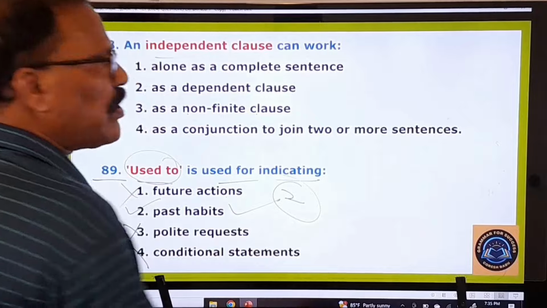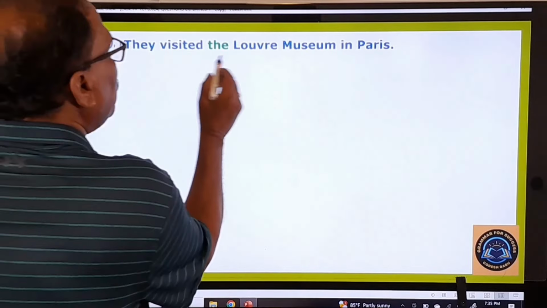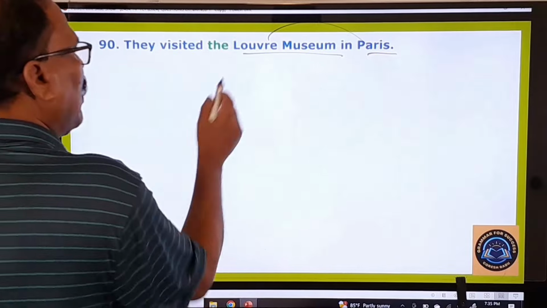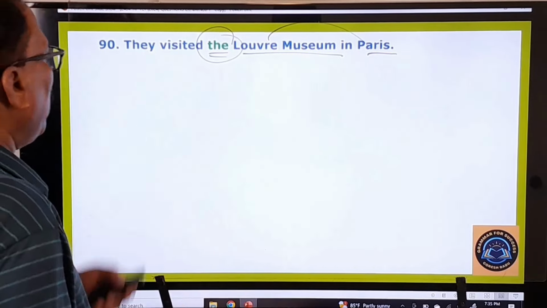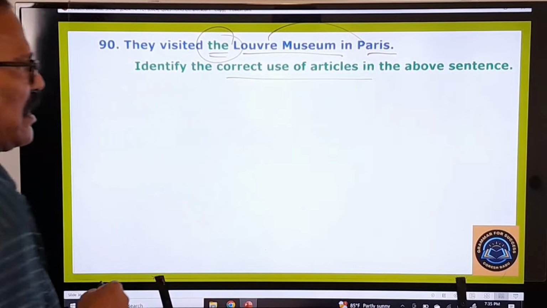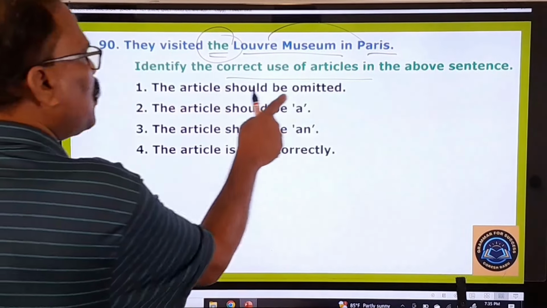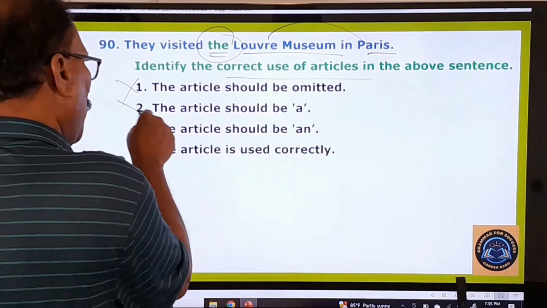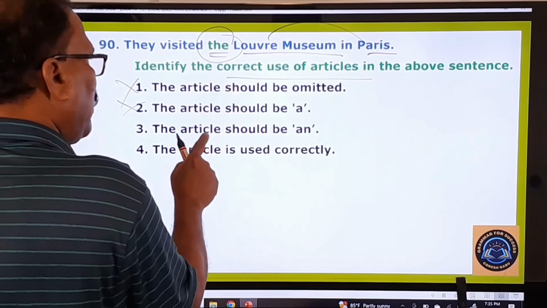You go to the last question. 90th one. They visited the Louvre Museum in Paris. Louvre. So it's a museum. Okay, Louvre. The article is used here. And what is the examiner asking you to do? Identify the correct use of articles in the above sentence. So here the article should be omitted. Should it be omitted? No. The article should be a. No. Should it be a here? No. The article should be an.